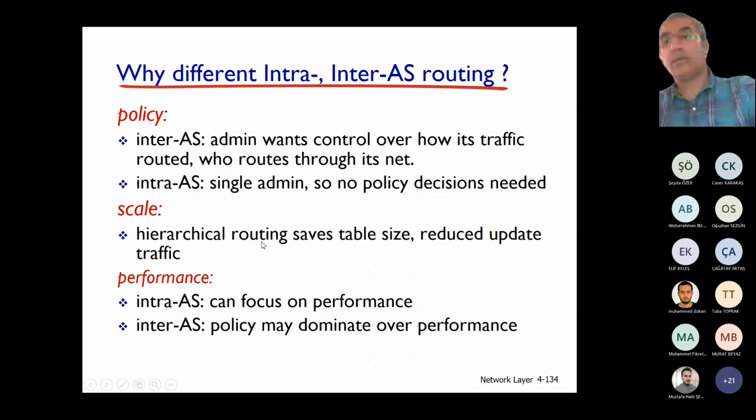From the scale perspective, hierarchical routing saves table size and reduces update traffic. When it comes to performance, intra-AS can focus on performance. Performance is important for intra-AS. For inter-AS, policy may be more important than performance.